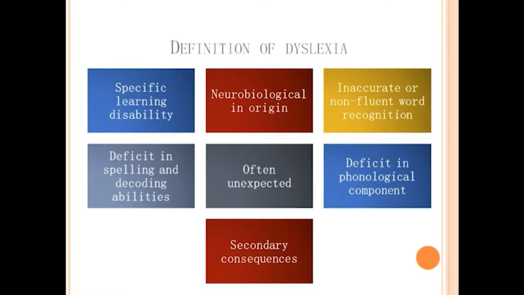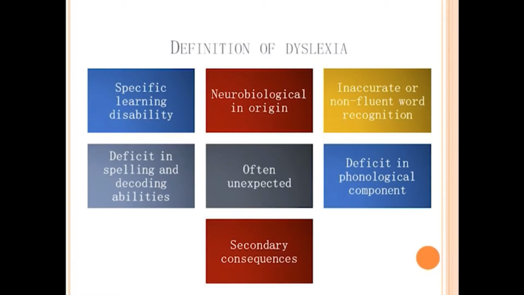These are unexpected difficulties because children with dyslexia have average or even above average IQs, and they do well in subjects other than reading and reading-related areas. The problem in most cases is caused by difficulty in phonological processing.